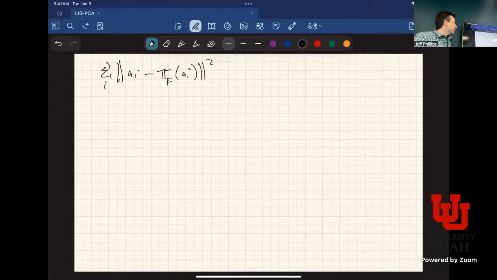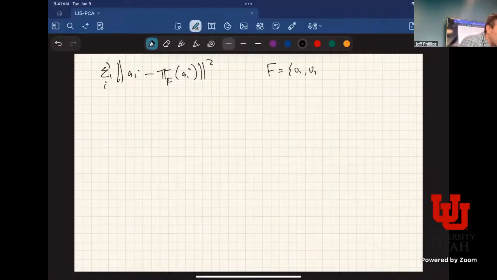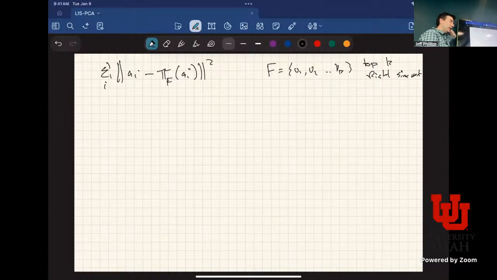I want to argue that projecting onto F, where F is spanned by the top k right singular vectors, will define the subspace that minimizes this sum of squared errors. I'm going to do all this projection, take the distance, square it, and add all these up for all the data points in A, and this is going to give me the best.